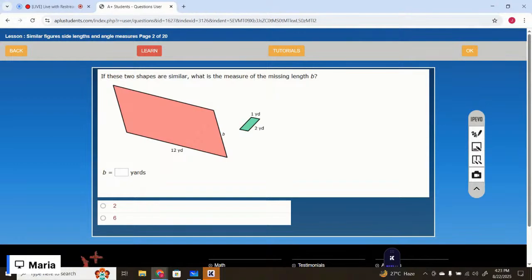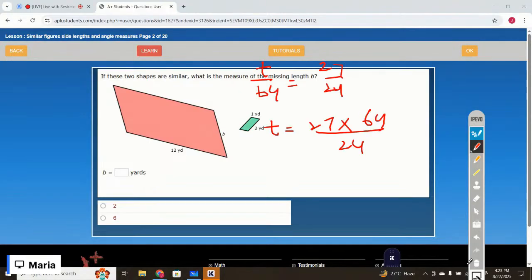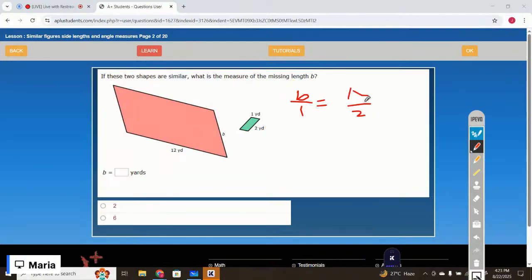Okay, so the similar sides are, let's just form a proportion, that is b by 1 equals 12 over 2.